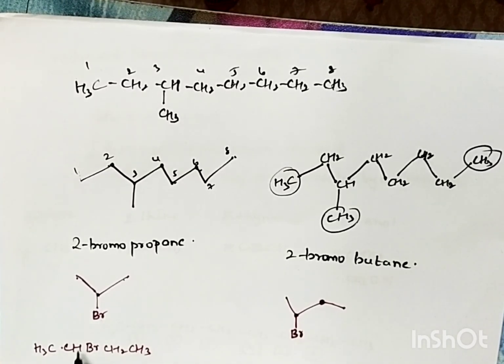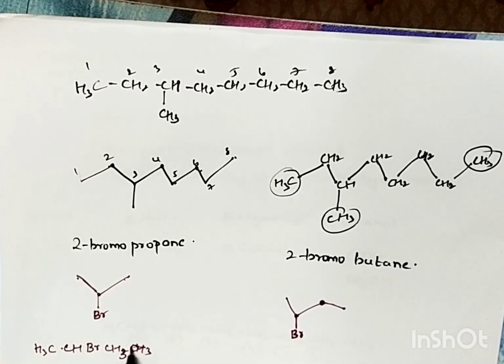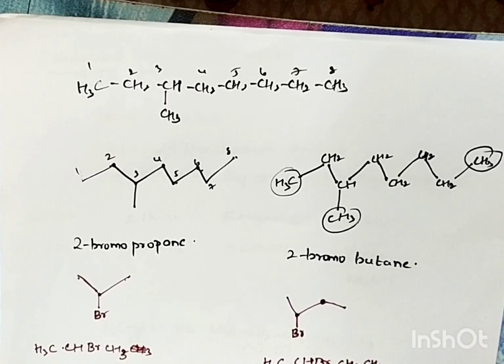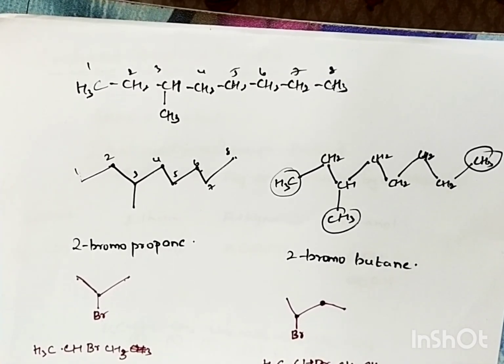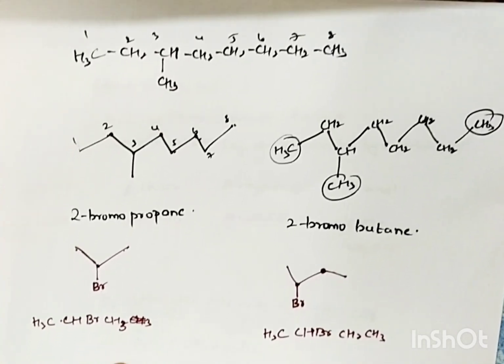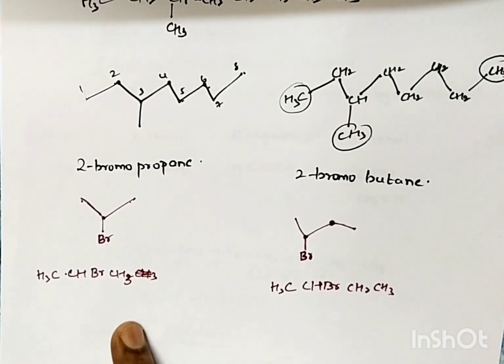Sorry, the earlier one is propane, and this is butane: CH3, CH, Br, CH2, CH3. So this is the way of writing condensed form. Hope you can try writing the bond line structures of these compounds.